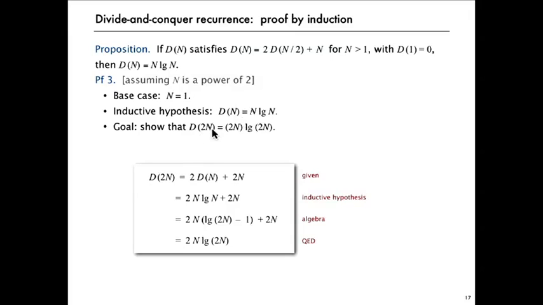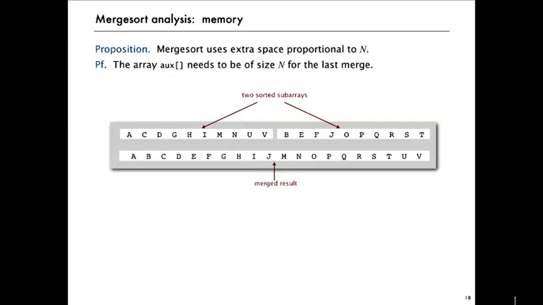We want to show that d of 2n equals 2n log 2n. Using the recurrence, d of 2n equals 2 d of n plus 2n, and plugging in n log n, we get the desired result. You use this same idea on our initial recurrences for compares and array accesses to show that the number of compares and array accesses is proportional to n log n for merge sort.